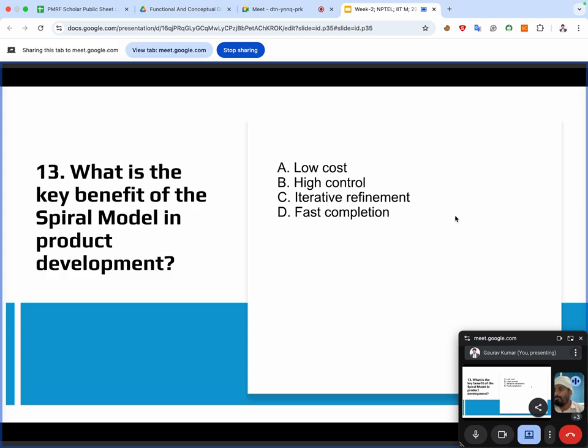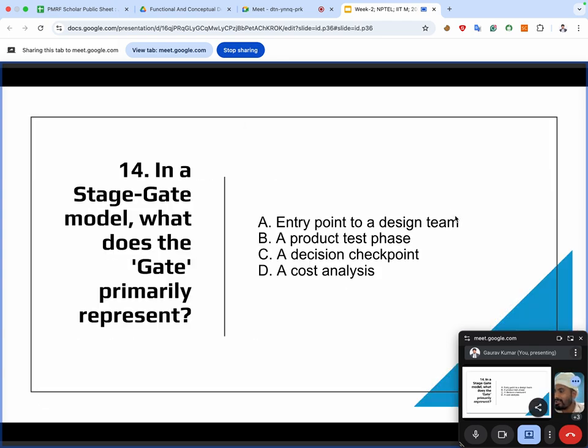Okay, so moving to the next question. Question number 14. So in a stage gate model, what does the gate primarily represent?